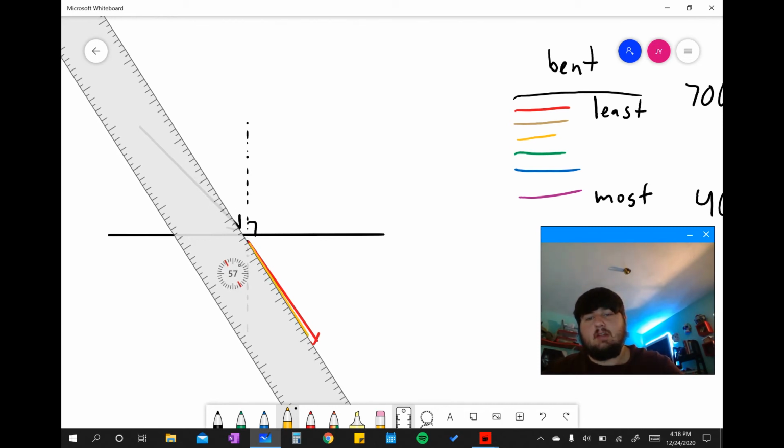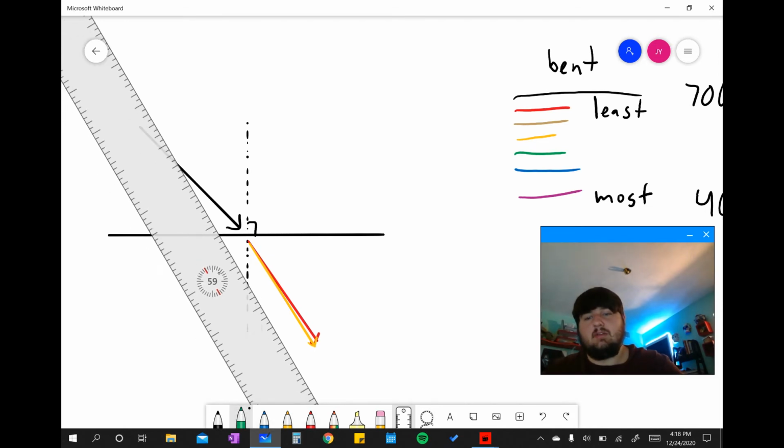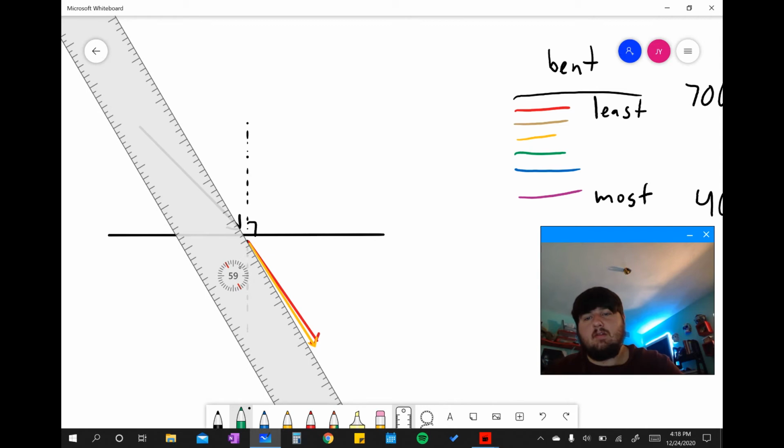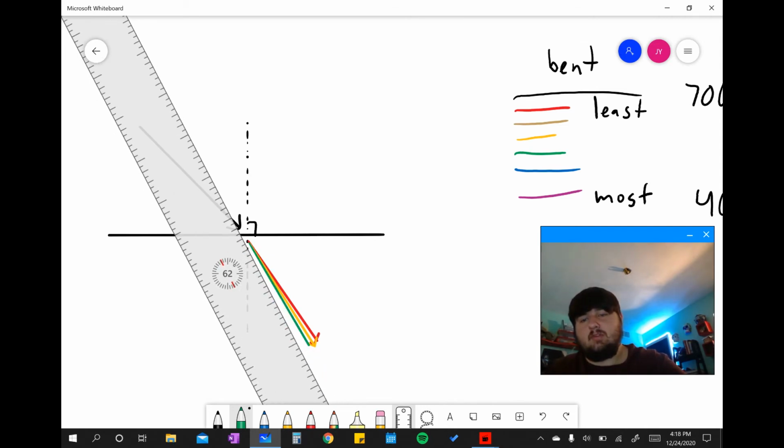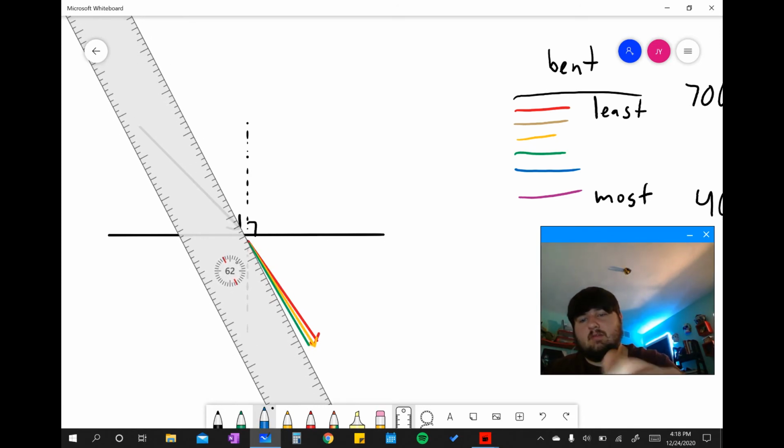It's going to bend a little bit more, just a little bit. Then we have yellow, we have green, it's going to bend a little bit more. And blue, which bends like this. And you get the idea.